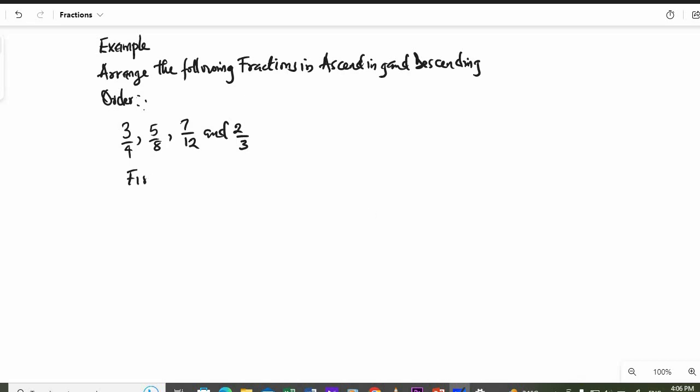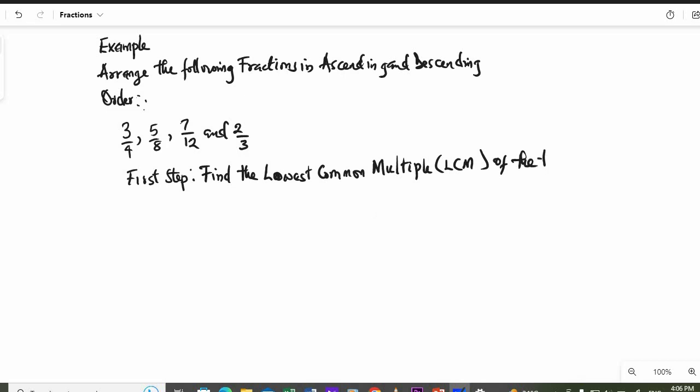So the first step, of course, is to find the lowest common multiple, or the LCM for short, of the denominators.